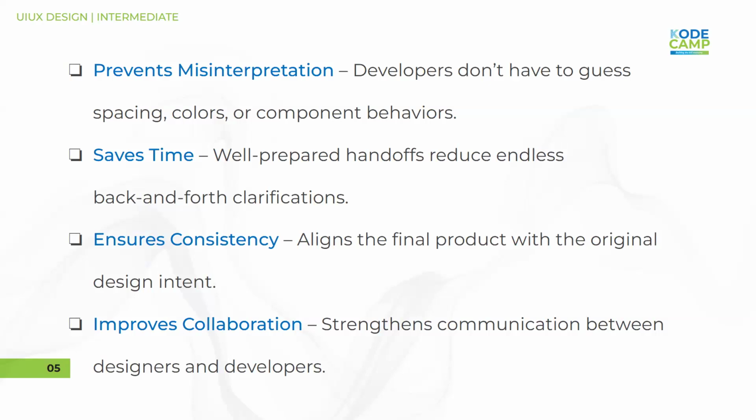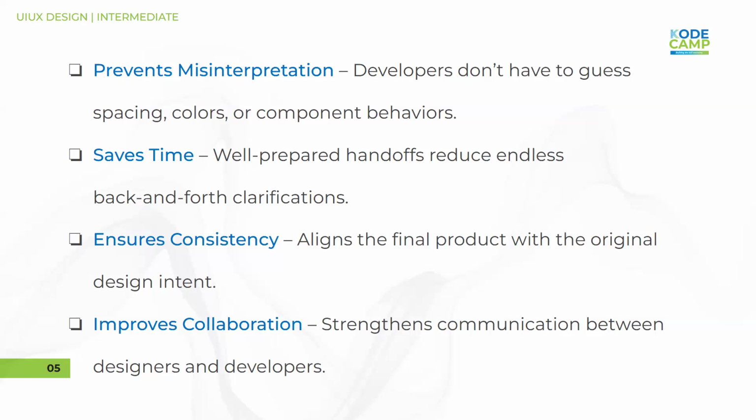They will know exactly the spacing you intended, the exact shade of brand color, and how a component should behave when clicked or hovered on. Think of it as giving them a treasure map with landmarks clearly drawn, not just a vague X marks the spot.